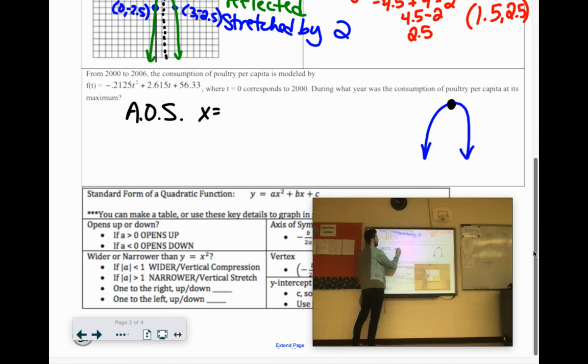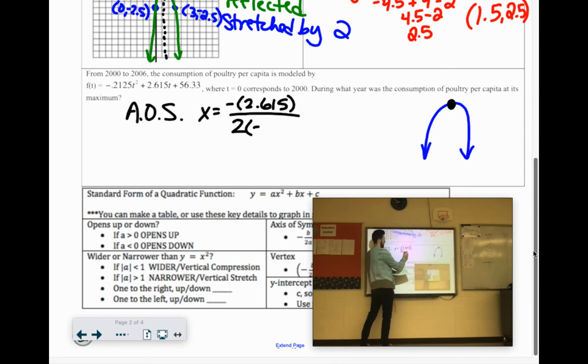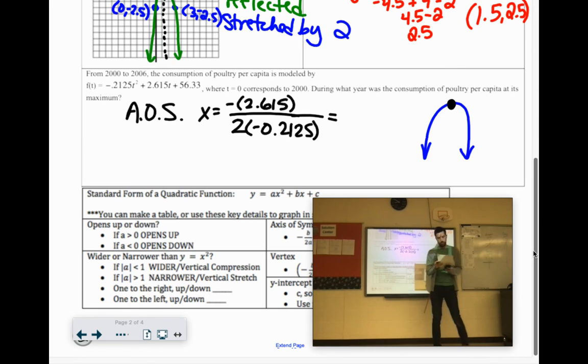So x equals the opposite of b, which is 2.615, over 2 times a, which is negative 0.2125. If we evaluate this, 2 times negative 0.2125 is negative 0.4250.